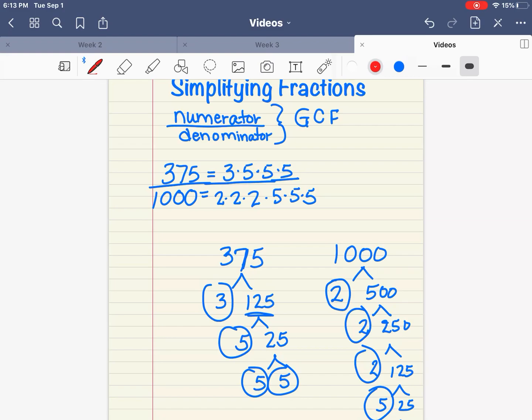Look and see what they have in common. There's no 3's and no 2's, so these aren't in common. Oh, they have 5 times 5 times 5 in common. 5 times 5 times 5, I already know, is 125.